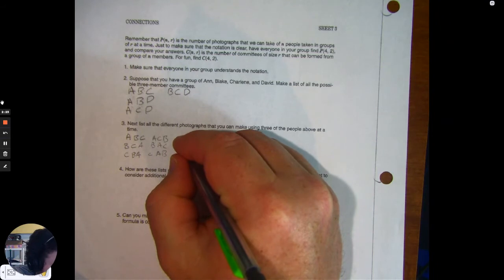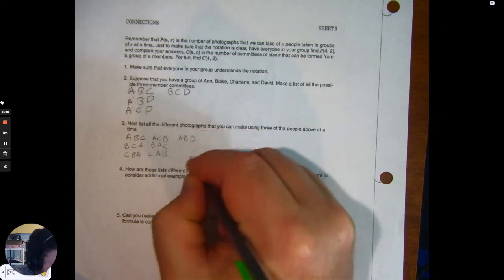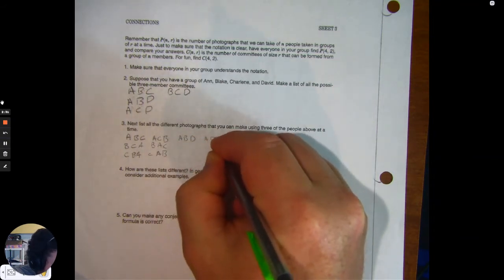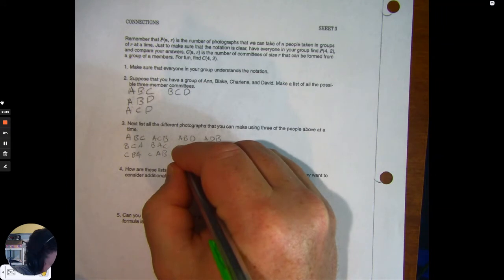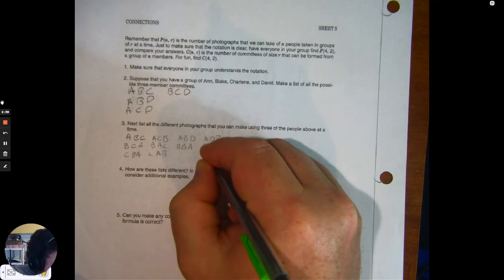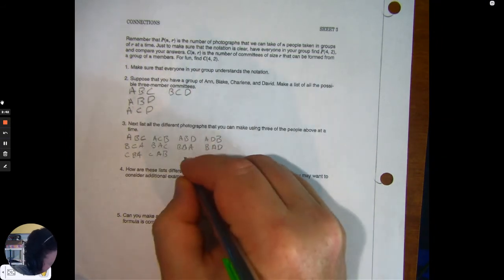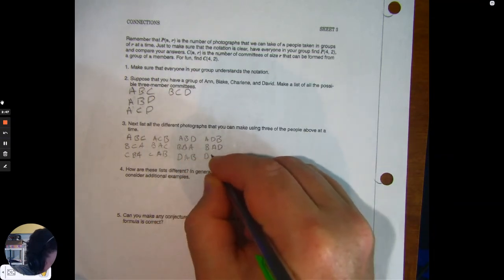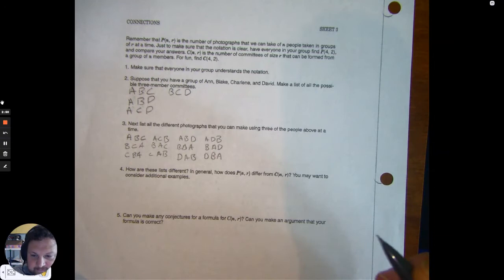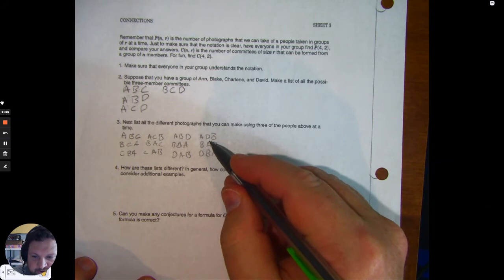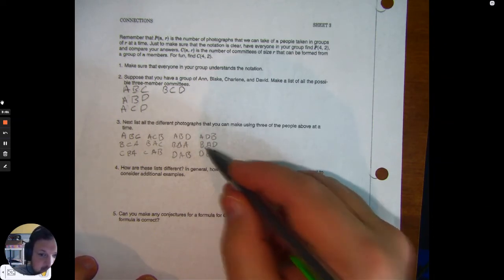But now I also could have A, B, and D, which then means I can go through all these same things again, right? I could have A, D, and B. I could have B, D, and A. I could have B, A, and D. I could have D, A, and B. And I could have D, B, and A. Okay, then so far in this group I took out my C, which was Charlene, so I put her back in, but now I take out Blake.